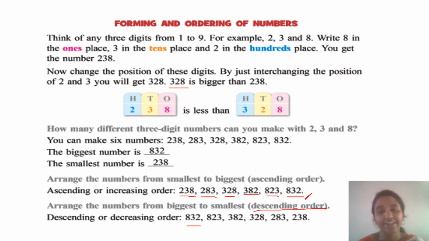So 832, 823, 382, 328, 283 and 238 will be your descending or decreasing order. If you write numbers from smallest to biggest, it is called ascending or increasing order. If you write the numbers from biggest to smallest, it is called descending or decreasing order.